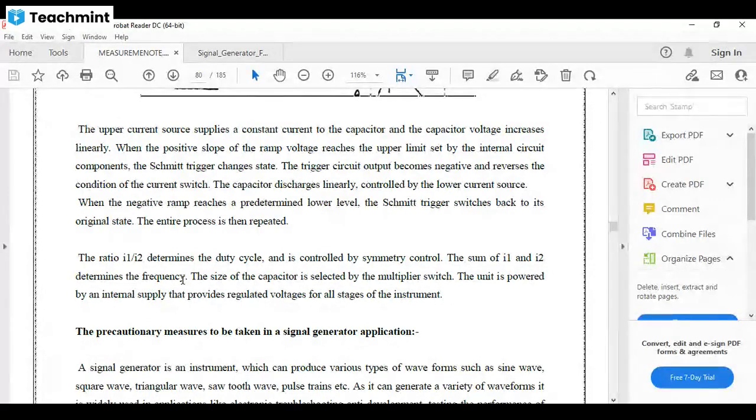The size of the capacitor is selected by the multiplier switch, and the unit is powered by the internal supply, with regulated voltage for all stages of the instrument. So the ratio of the upper current source, I1 by I2, and the sum of these two, I1 plus I2, determines the frequency.